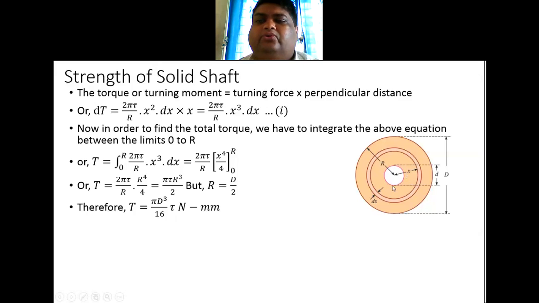So generally we use hollow shaft in order to decrease the weight of the shaft, because if the weight increases and the shaft length is long, then there can be sagging in the shaft because of self weight. So we need to decrease the weight of the shaft.